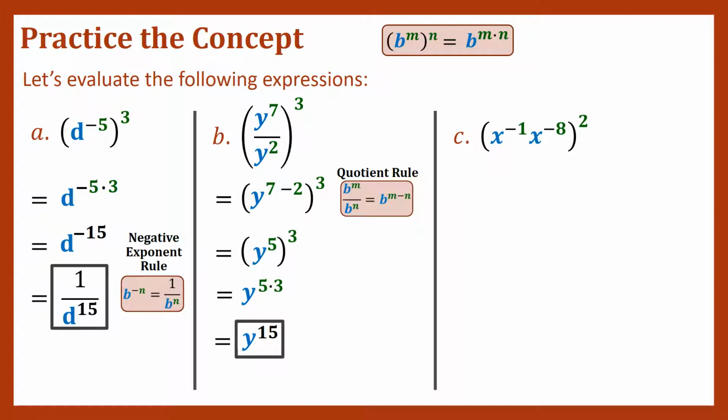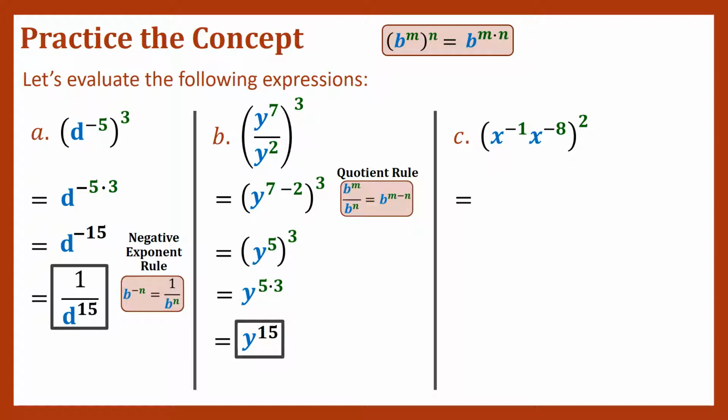So now let's look at the third expression. The third expression reads x raised to the power of negative 1 times x raised to the power of negative 8. This product is in parentheses, and it's raised to the power of 2. We can start by simplifying the inside of the parentheses.